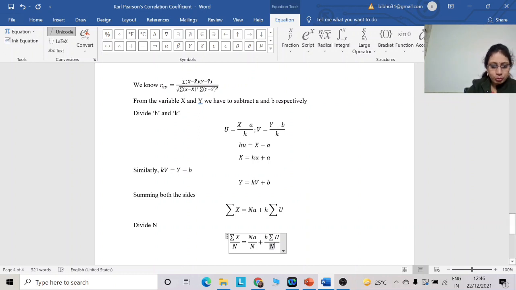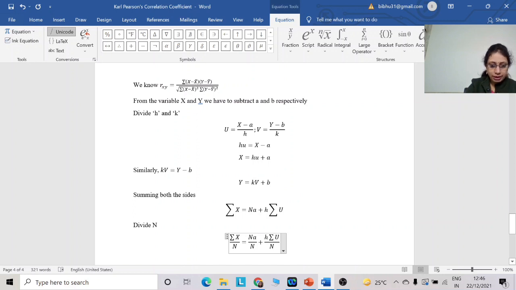Summation of x by n we know is x bar. In na by n, the n will get cancelled, and summation u by n is nothing but h u bar, that is, the arithmetic mean of u.